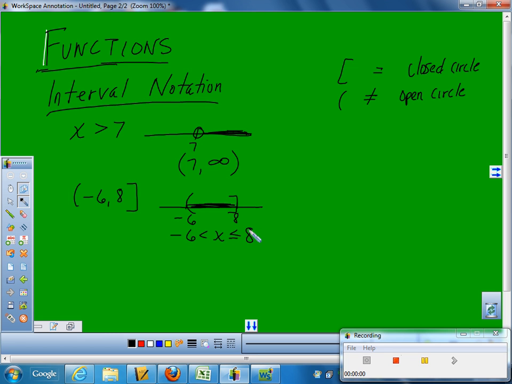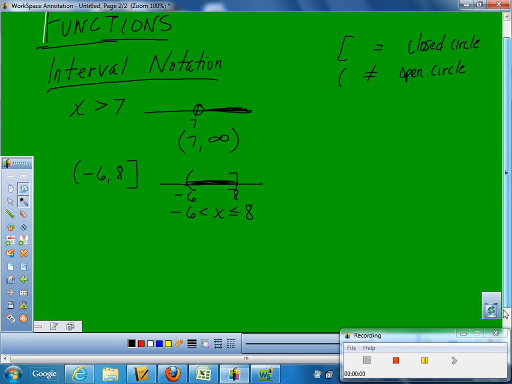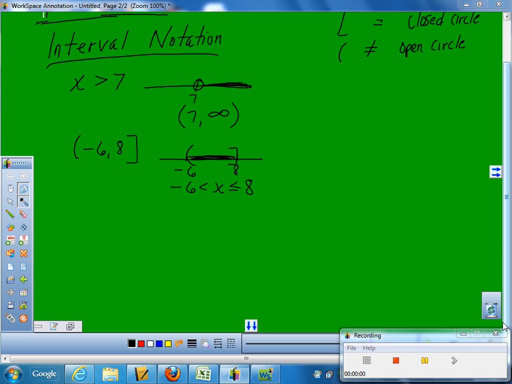When we wrote it in the old style, which is confusing, people always just think, should I use less than, should I use greater than? That's confusing to figure out. Interval notation is so much easier. I'm starting at -6, I'm ending at 8, it's all the numbers in between. It makes way more sense. That's the proper way to write it, but it's confusing to a lot of people.